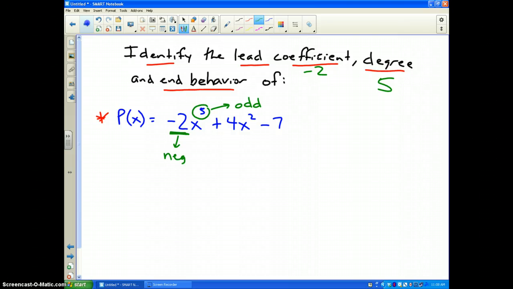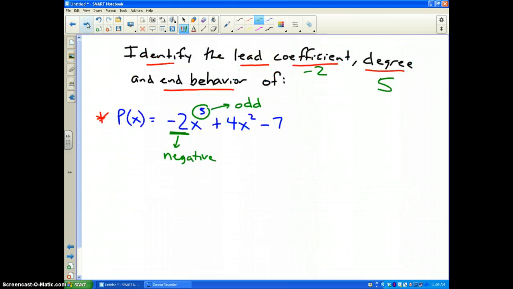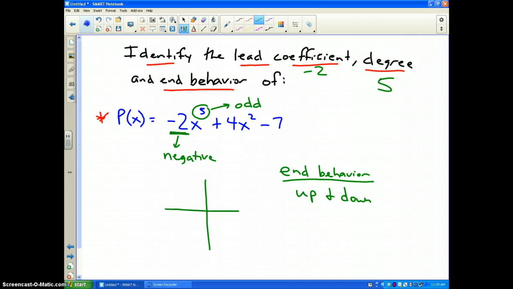It is negative. So we are in the situation where, if I go back a slide, we are negative and odd. That means the end behavior of this particular polynomial would be up and then down. So when we graph this, this graph has to look something like this, because it's up and then down.